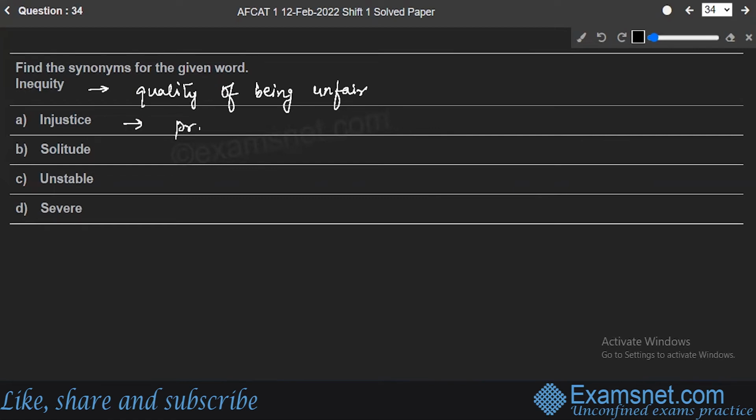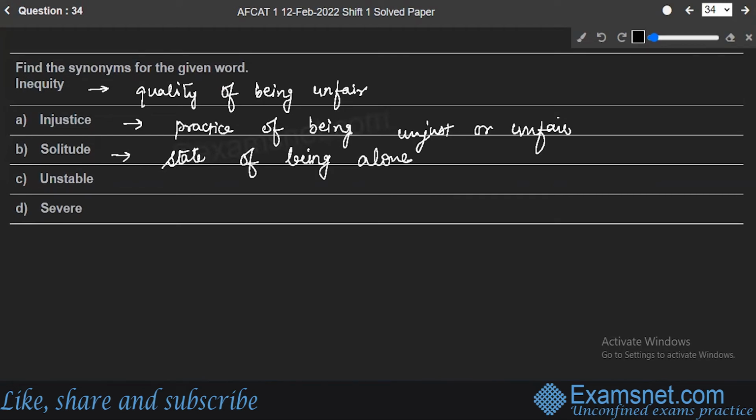Injustice means practice of being unjust or unfair. Solitude means state of being alone.